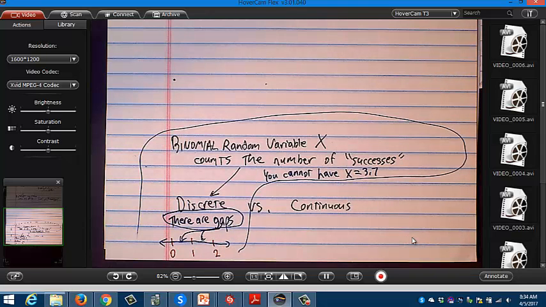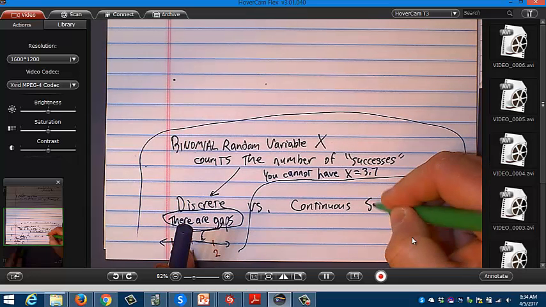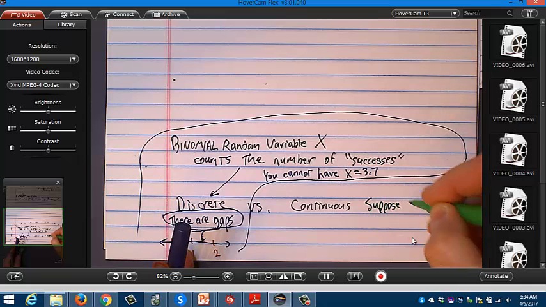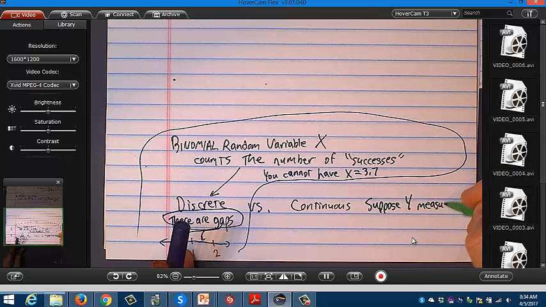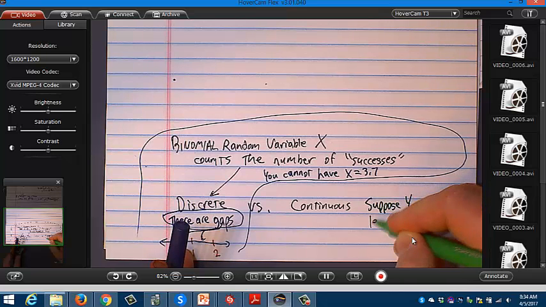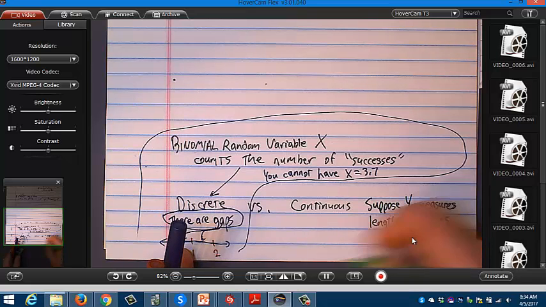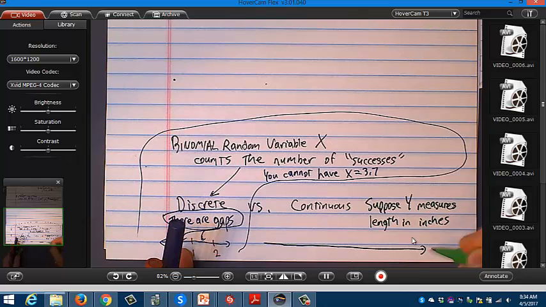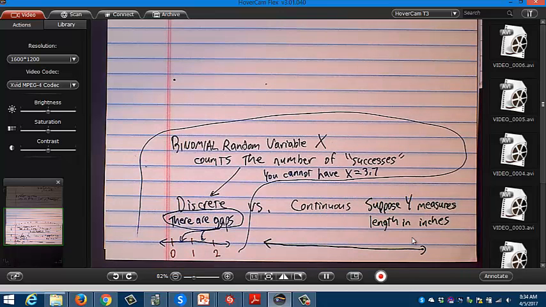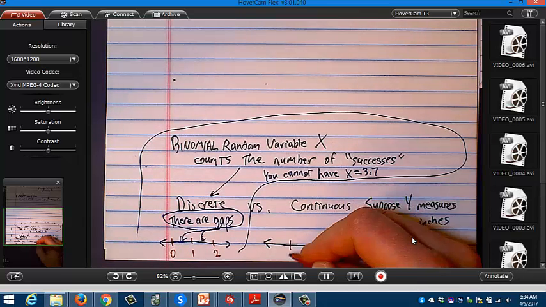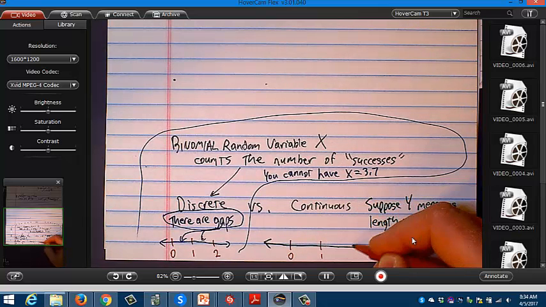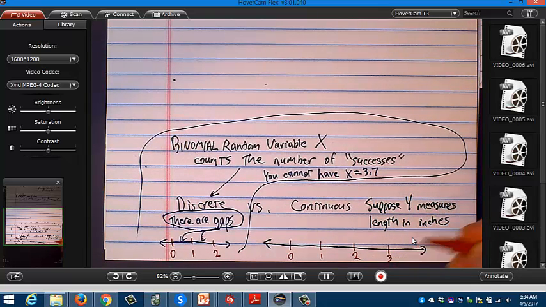An example of a continuous random variable, in my mind, would be this. Suppose y measures length in inches. Well, now, when I look on the number line, okay, you can have a length of 0, I guess. Could you have a length of 1 inch or 2 inch or 3 inch? Sure. Can you have a length of 2.5 inches?